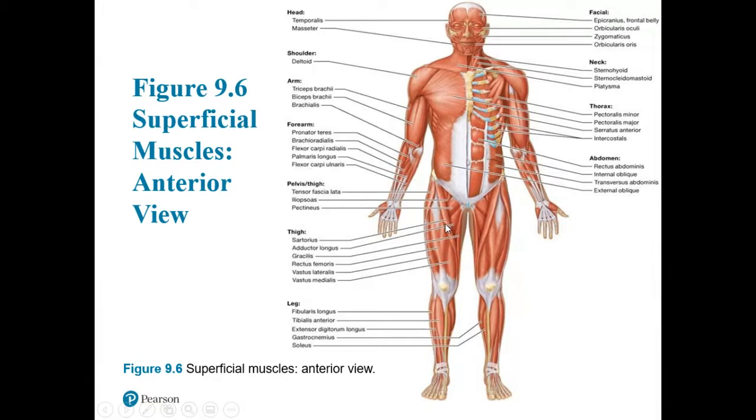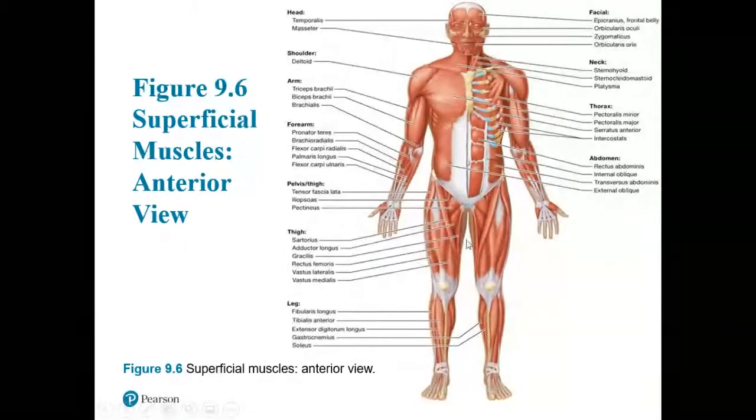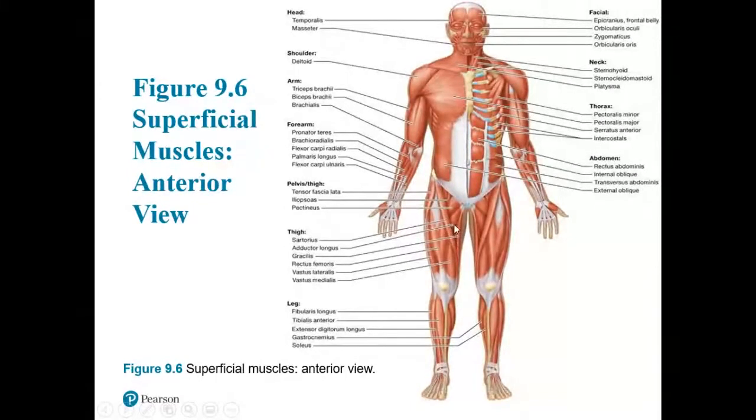Now, for complete adduction and complete stabilization of your leg, yes, you do need the pectineus, but you also need the adductor group right here. Okay, so this is the adductor group, excluding the sartorius. Okay, so without the sartorius, you have the adductor longus right there.